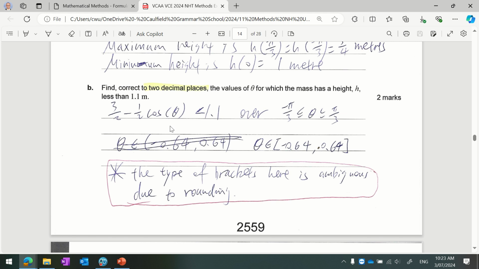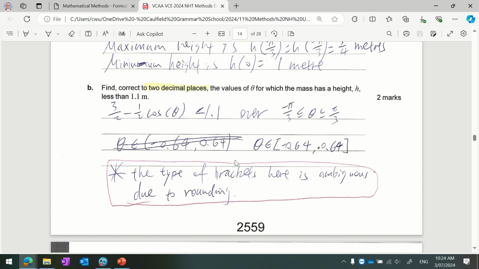So on face value, superficially, you would think that the question is asking for a strict inequality without the underline under the equality sign. So I'm not sure what the question wants.